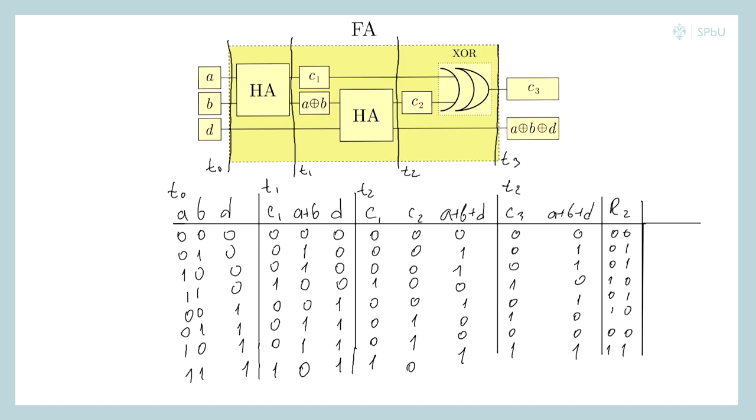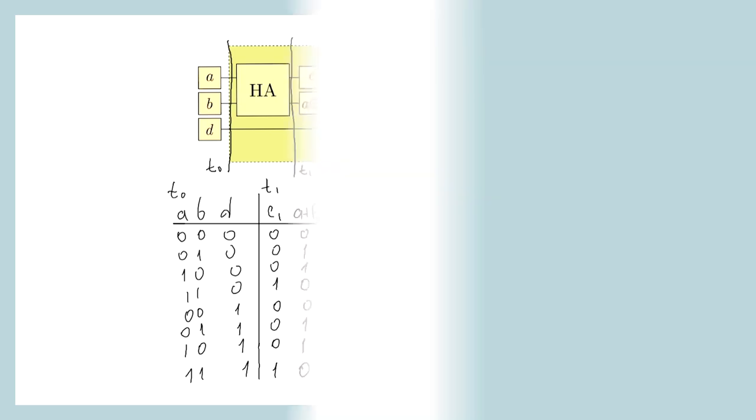And these binary numbers correspond to the decimal numbers 0, 1, 1, 2, 1, 2, 0, 3.